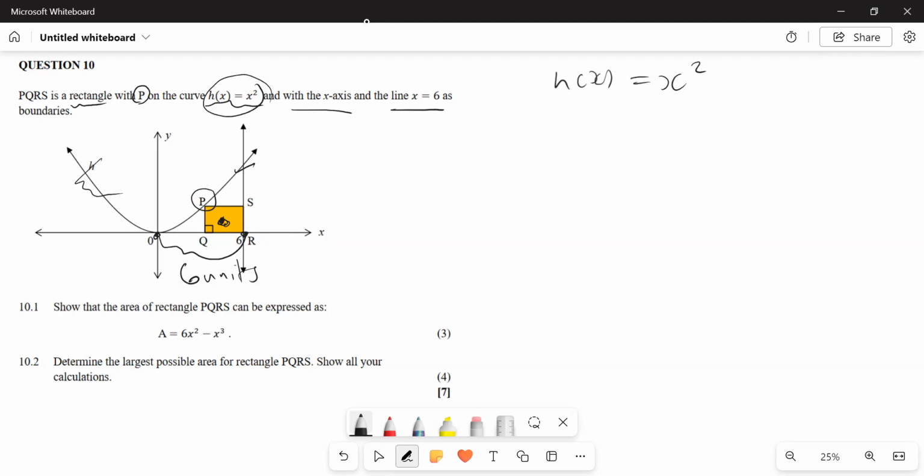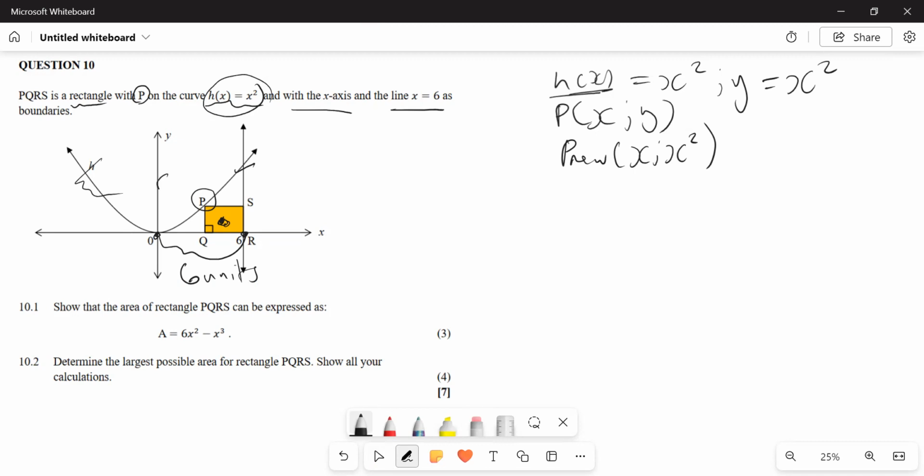Point P in general is made up of x and y by definition. But now h of x is our graph, and graph is equal to y. So we can say y equals x squared. So our P now becomes (x, x squared) even on the sketch.